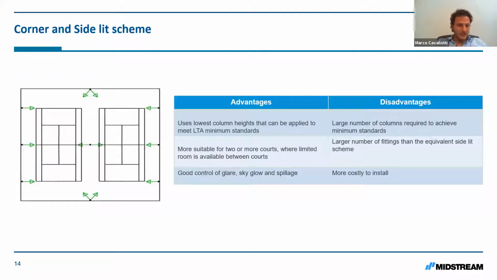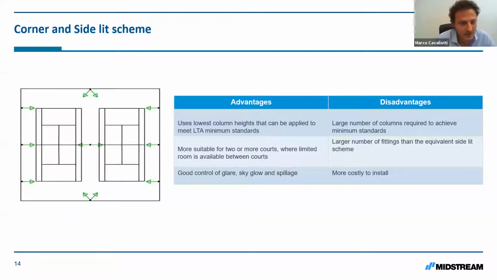Another advantage is that you can replicate this layout for multiple courts. If you have 2, 3, 4, and so on courts, you can just replicate this layout and cover all the courts. A disadvantage is quite clear: you have to install more poles, so it's more costly to install, and you will need a larger number of fittings to light the same area.